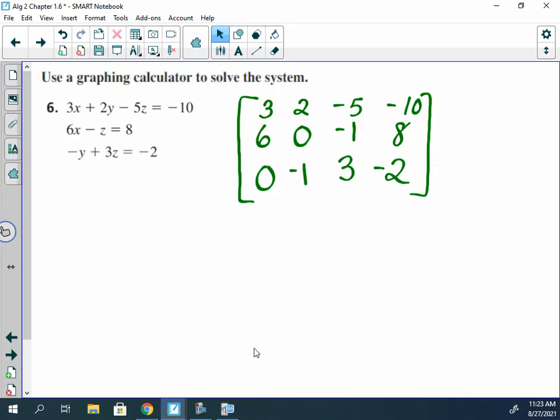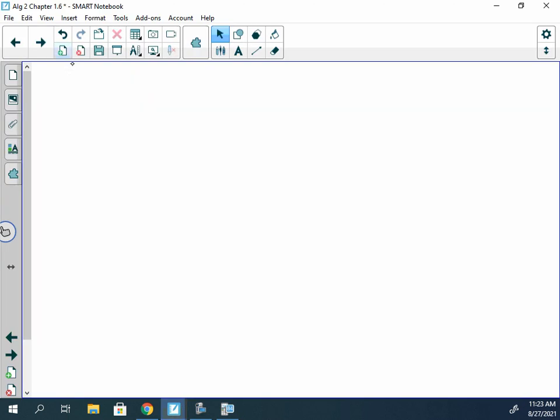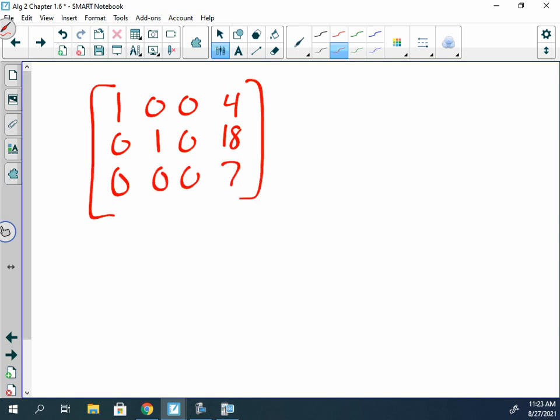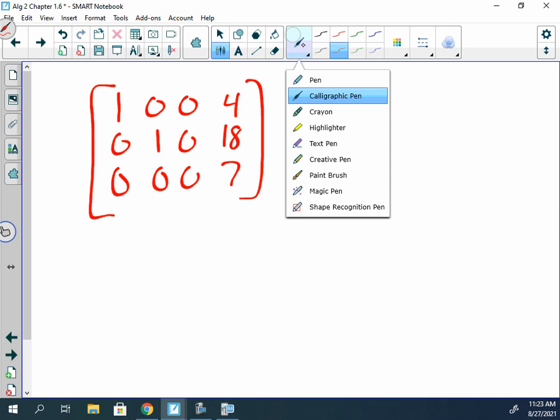So back to this here. New page. Now, there are two things that I want to highlight.